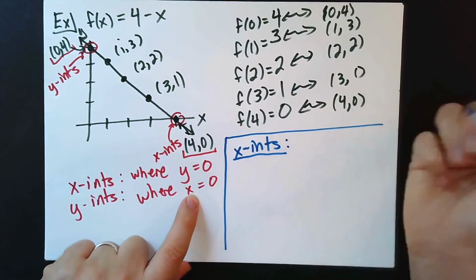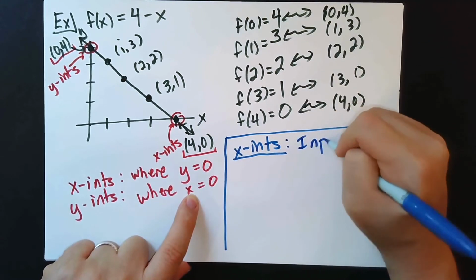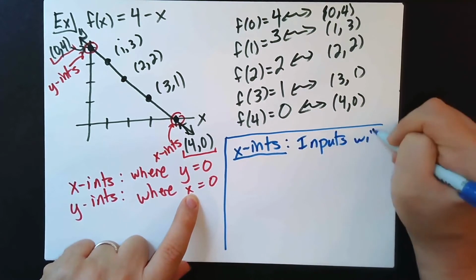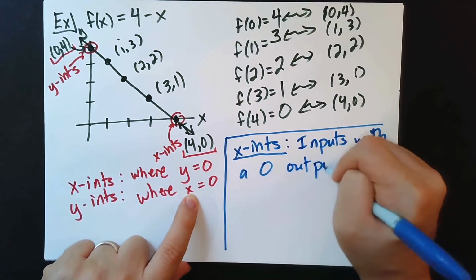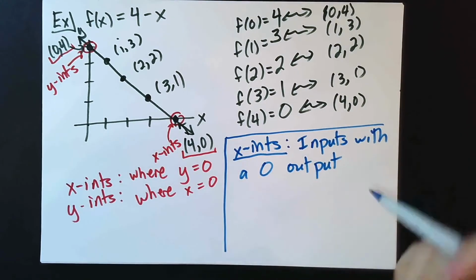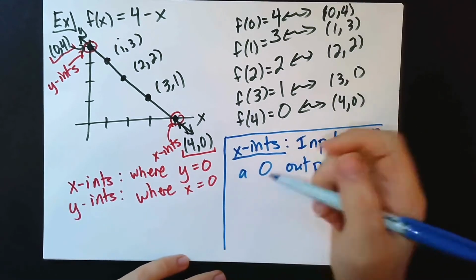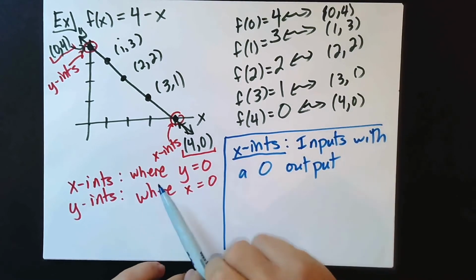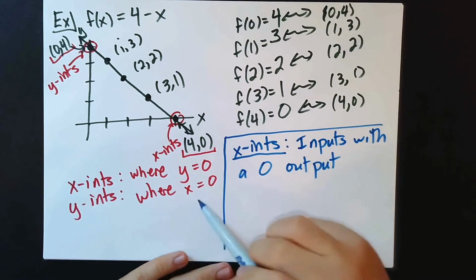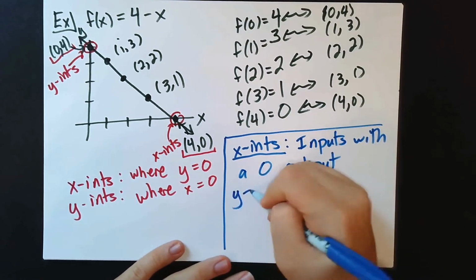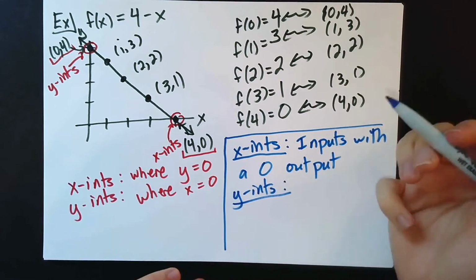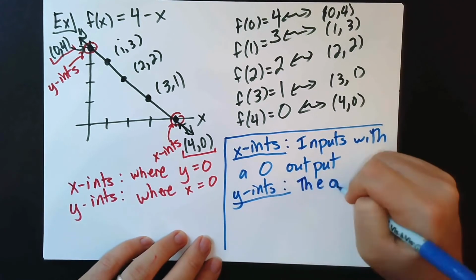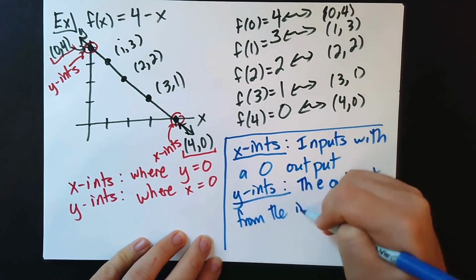So these correspond to inputs with a 0 output. On the other hand, Y-intercepts correspond to places where x is 0. So that is, Y-intercepts correspond to the output corresponding to the input 0.